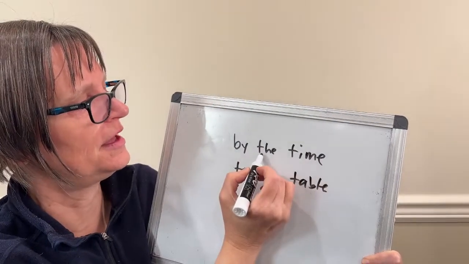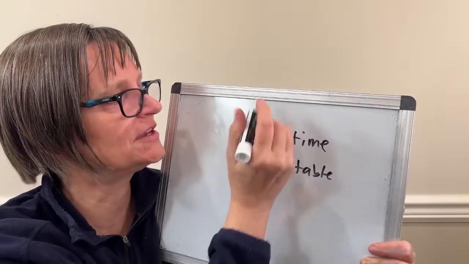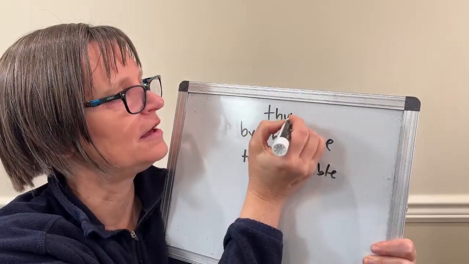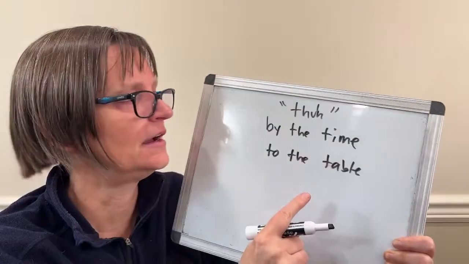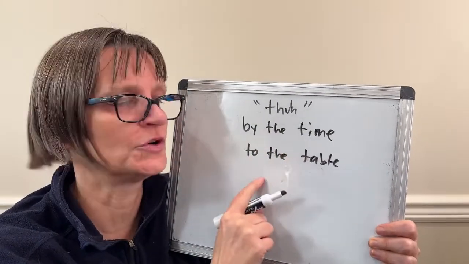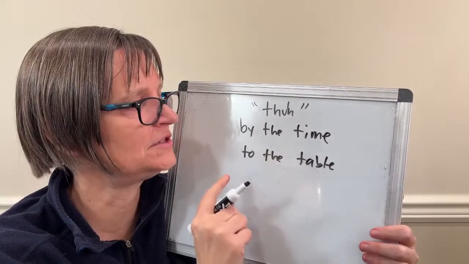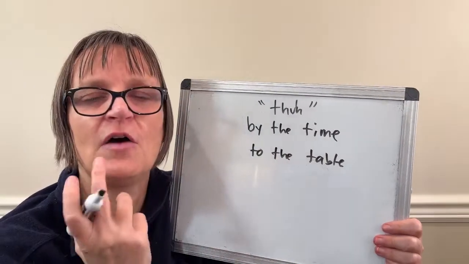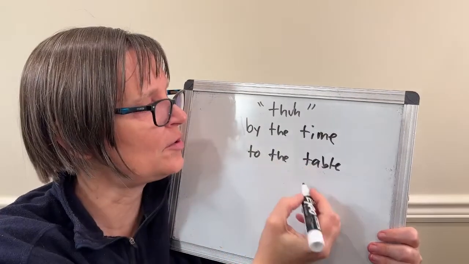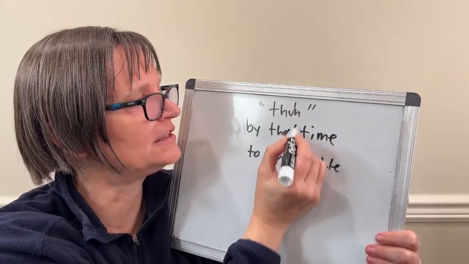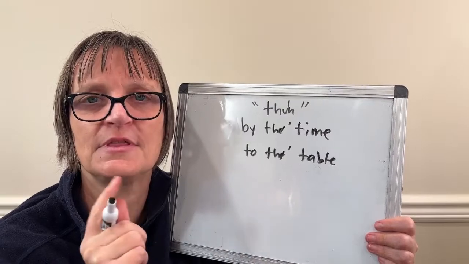So the word the in both of those cases, because the next word starts with a consonant, is going to sound like thuh with the schwa rather than thee. I don't want by thee time or to thee table, but to the and by the time, to the table. And you can hear how when I say those, to the table, by the time, it's almost like no vowel at all. It's a very short and reduced schwa, by the time, the table.